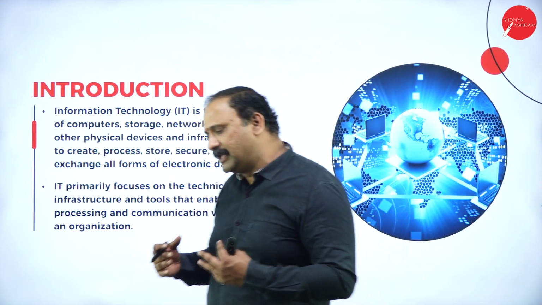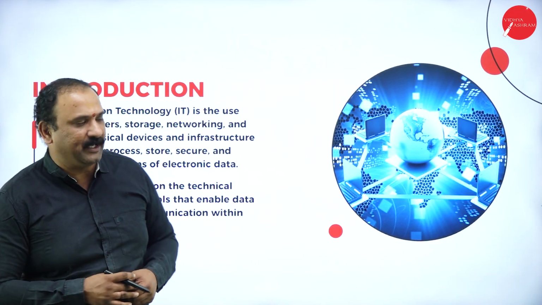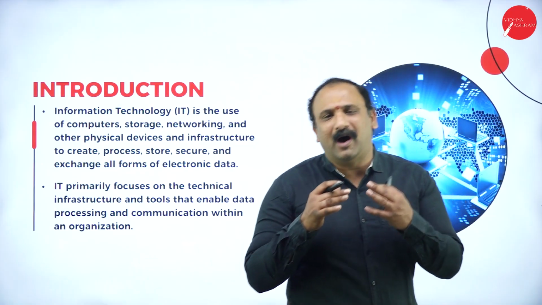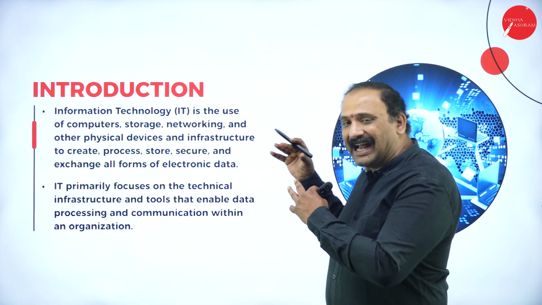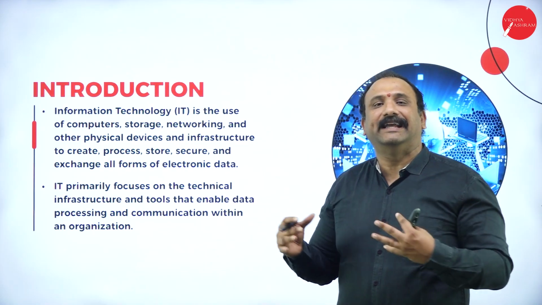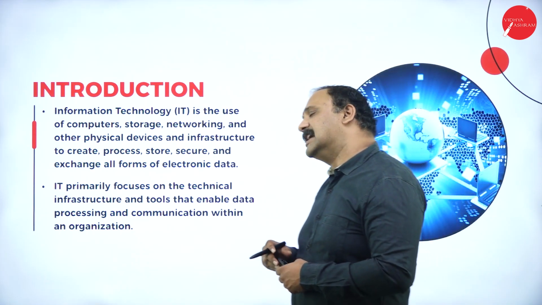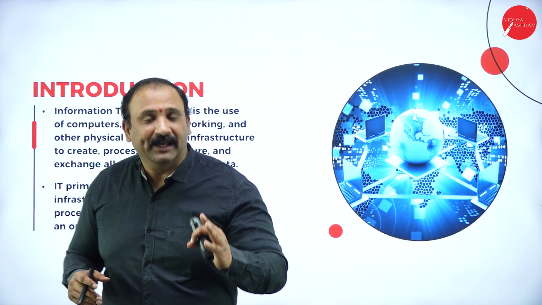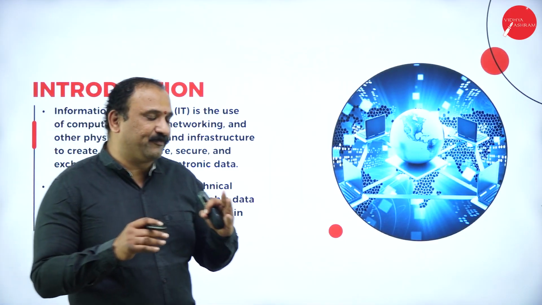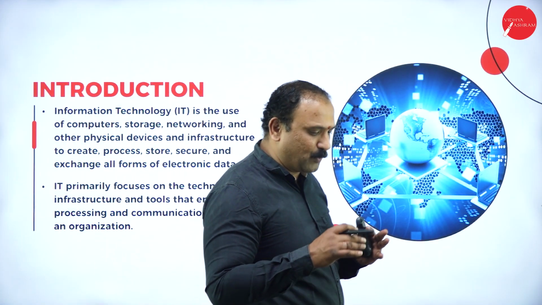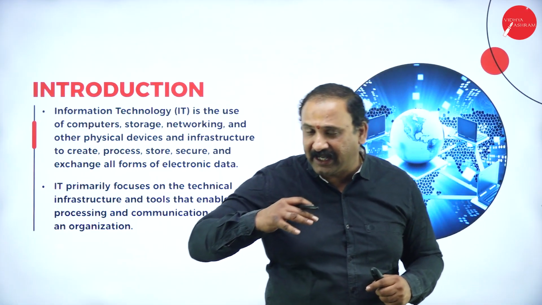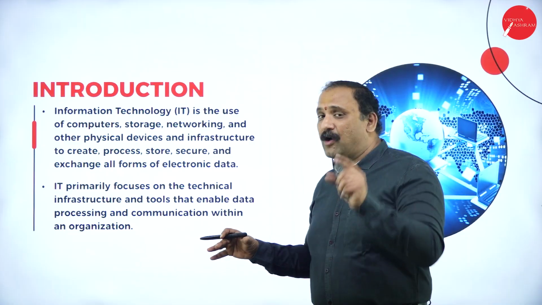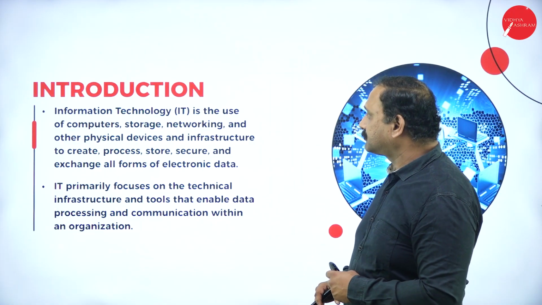IT is supposed to be the most important, the key infrastructure today. Once upon a time, we were concentrating on the physical assets, but today we are concentrating on the digital assets.